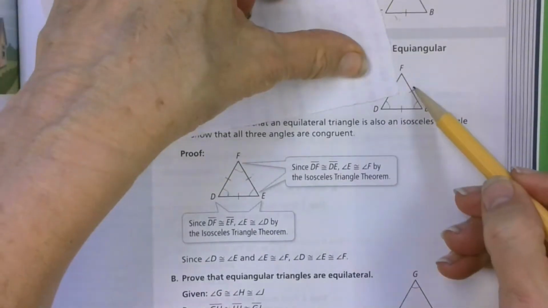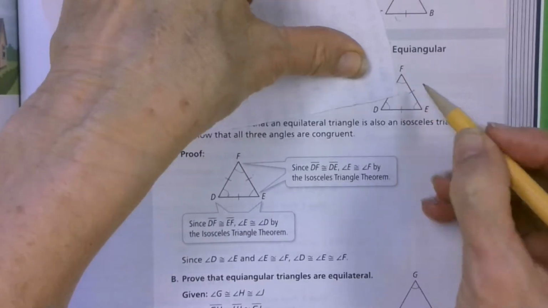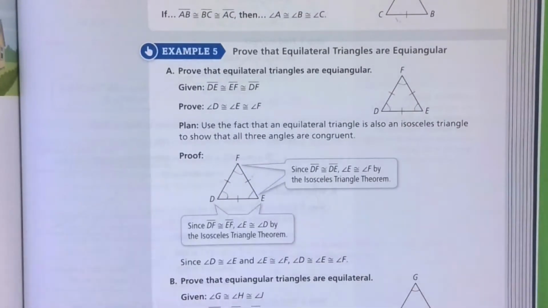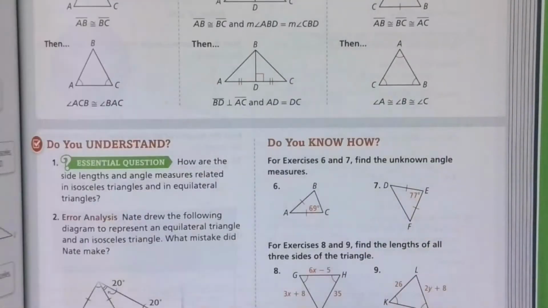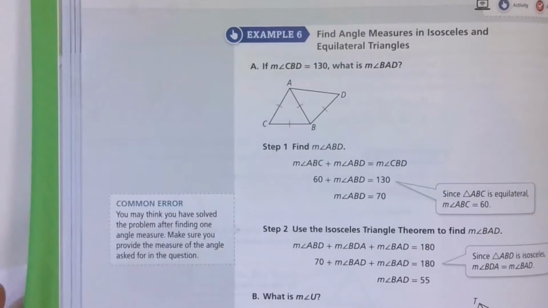What if these two are my congruent sides? Well, then that makes these two angles congruent, and now all the angles are congruent and all the sides are congruent. In letter B, they give you a proof, if you know the angles are congruent, showing that the sides are congruent.